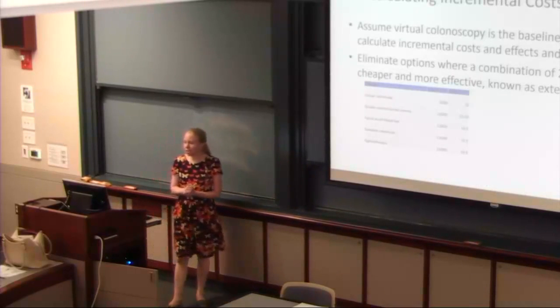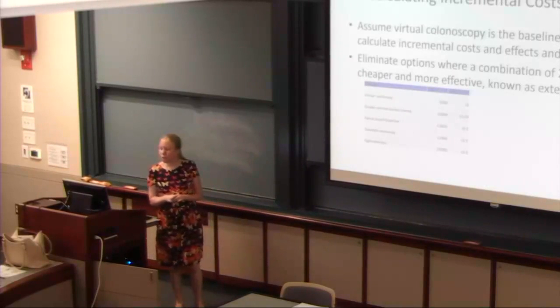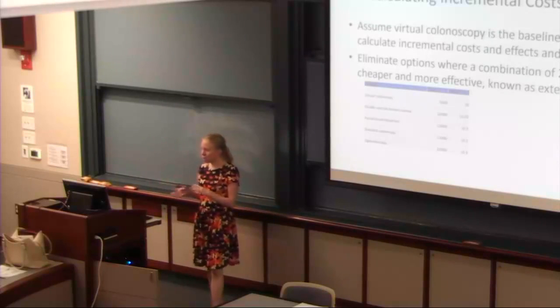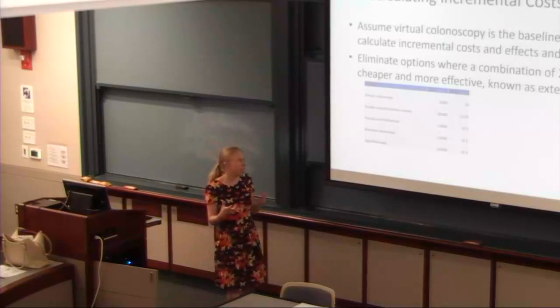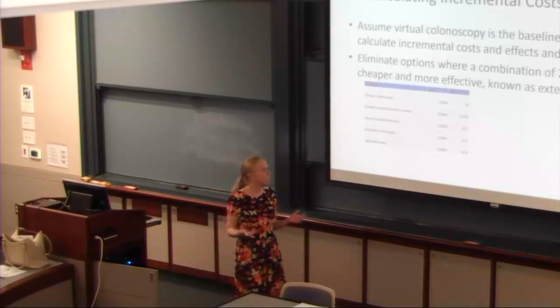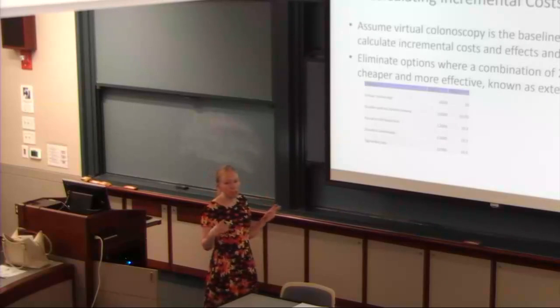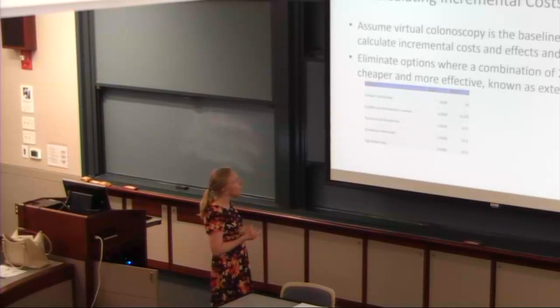Okay, so then the next group looks at calculating incremental cost and effect. It assumes, because we found from the first bit that the virtual colonoscopy was the most cost-effective given just pure numbers, that we make this the base case just to make it easier. So now we compare all the other treatments to this, which we say is current practice.